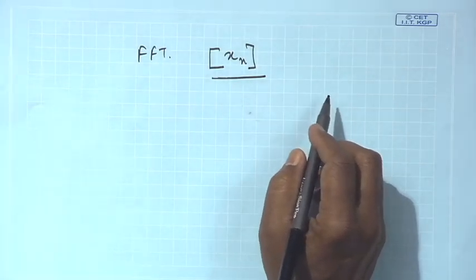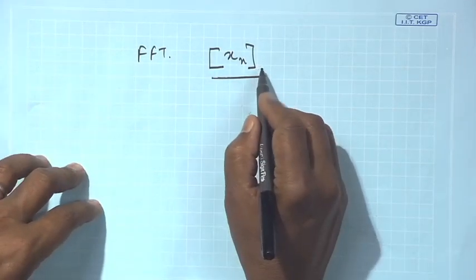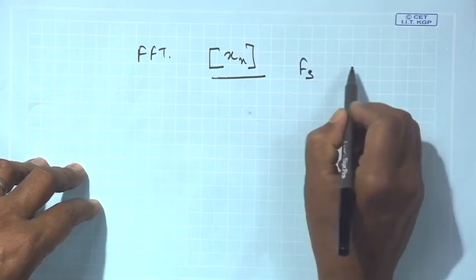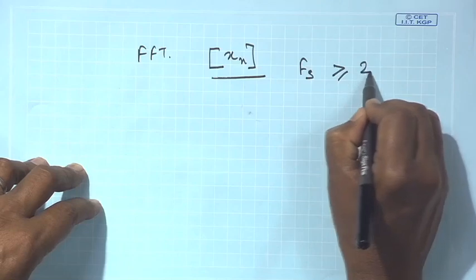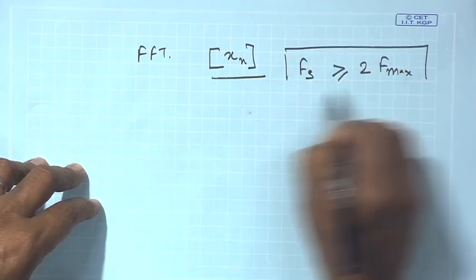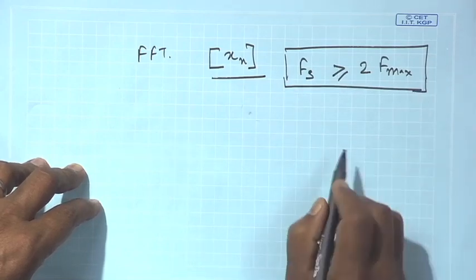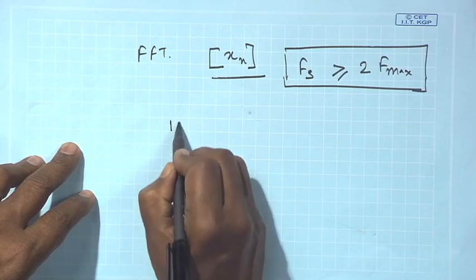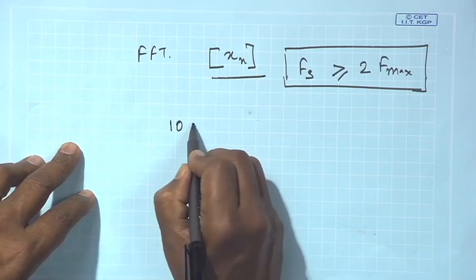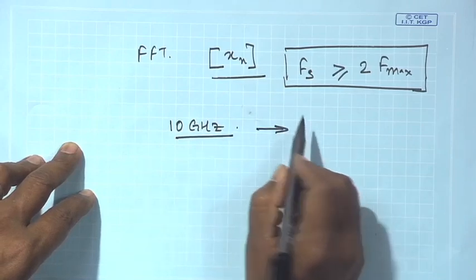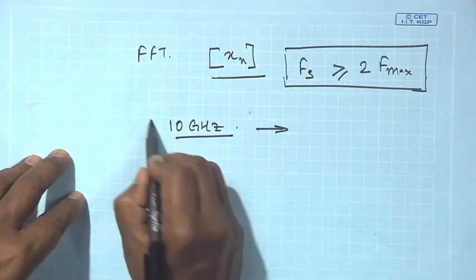And this array or this signal has to be sampled at a particular sampling frequency f s, where f s should be equal to twice f max as per the Shannon sampling theorem. But the question is, when we have a signal of, say for example, 10 gigahertz, a very high frequency signal, which is not true in mechanical systems.